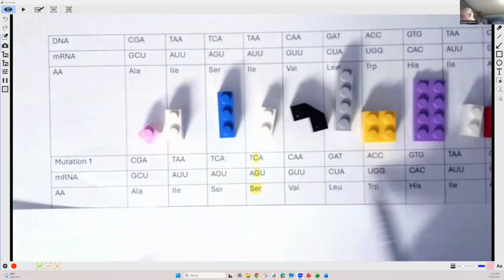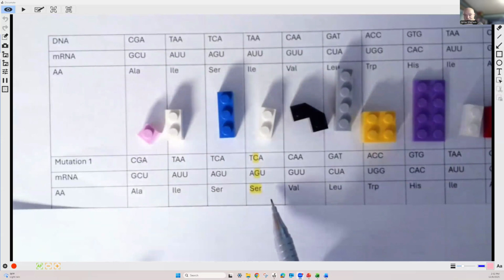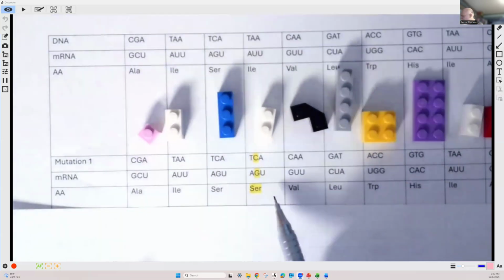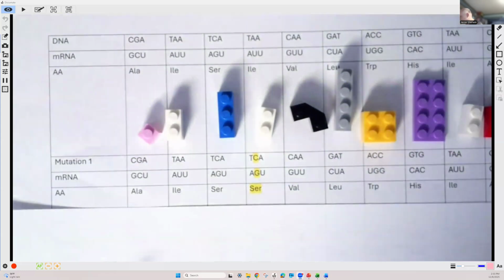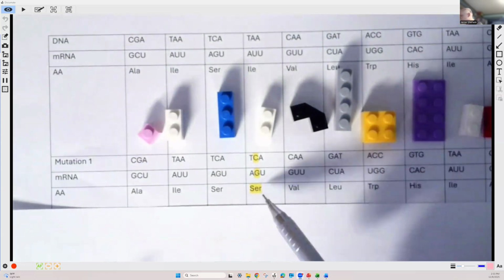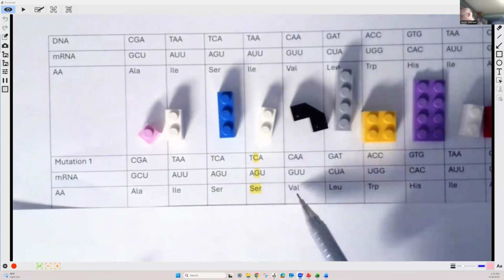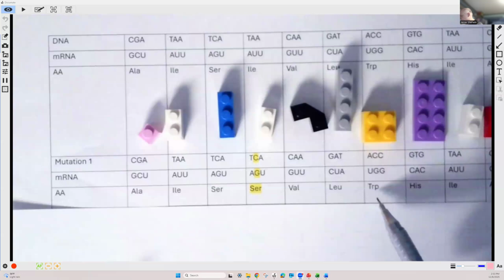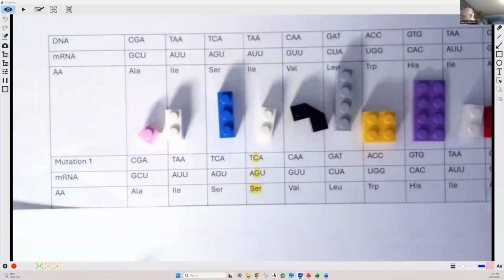Remember, transcription is making mRNA, and translation is going from the mRNA to the amino acid. We now have serine. Interesting, but we've got serine, and then the rest of these are the same: valine, leucine, tryptophan, histidine, isoleucine, and aspartate. All these are the same, except for this one right there.